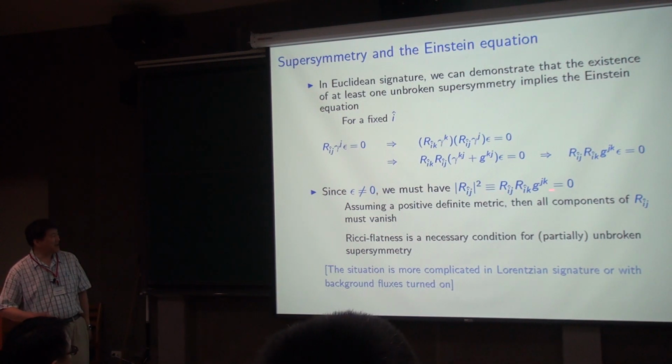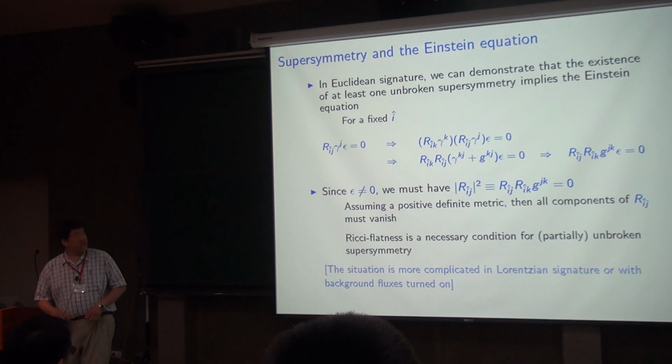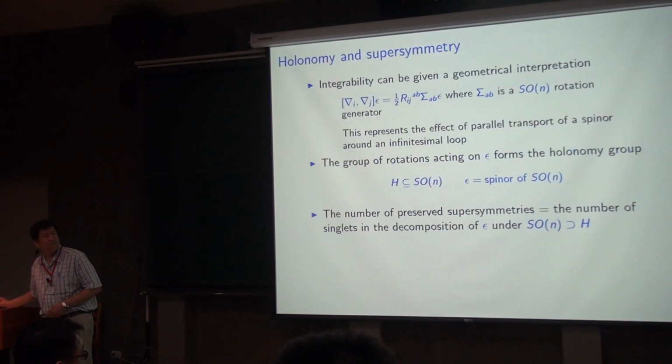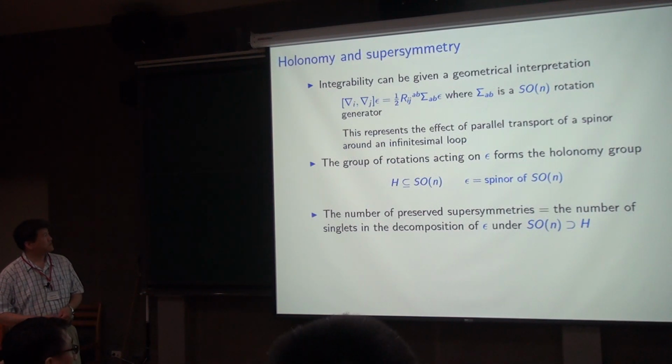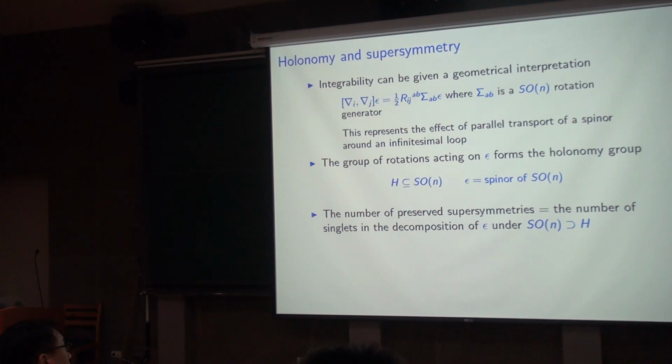Now this depended on having a positive definite metric, so the Lorentzian signature, or things where I use a different connection, can be a little bit more complicated. So one thing we've learned is that to preserve supersymmetry with this pure geometry, I need a Ricci flat internal manifold.